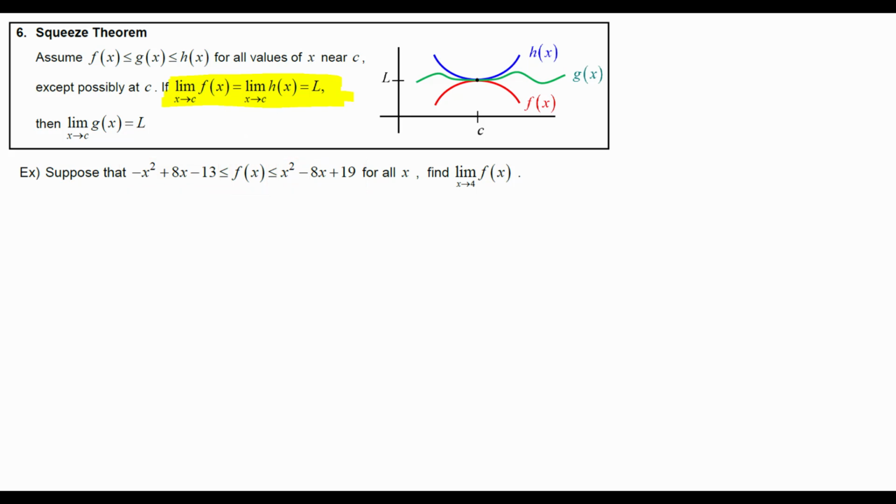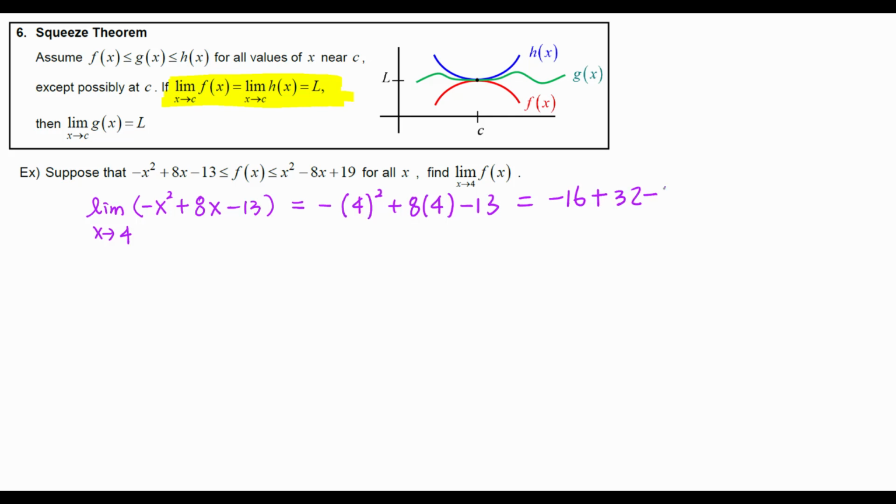So first of all, I'm going to find the limit of negative x squared plus 8x minus 13 as x approaches 4. And this is just a regular polynomial. We know we can find the limit by direct substitution of 4 for x. So the limit would be negative 4 squared plus 8 times 4 minus 13, which is equal to negative 16 plus 32 minus 13, which is equal to 3.